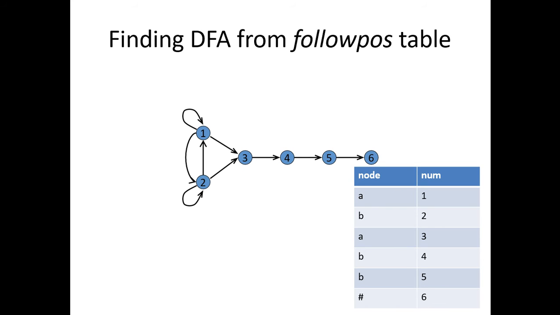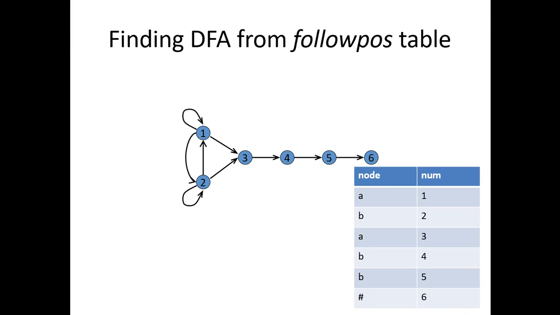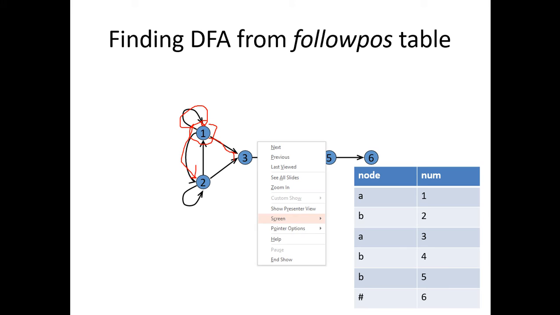Now we will form the following tree from the earlier states we have got. We will see that 1 can go to 1, 2 or 3, so 1 can go to itself, 1 can go to 3, and 1 can also go to 2. Similarly, we will do this for each of the other steps as well.